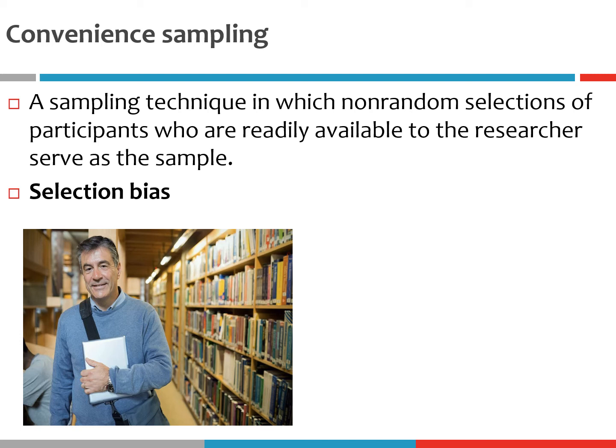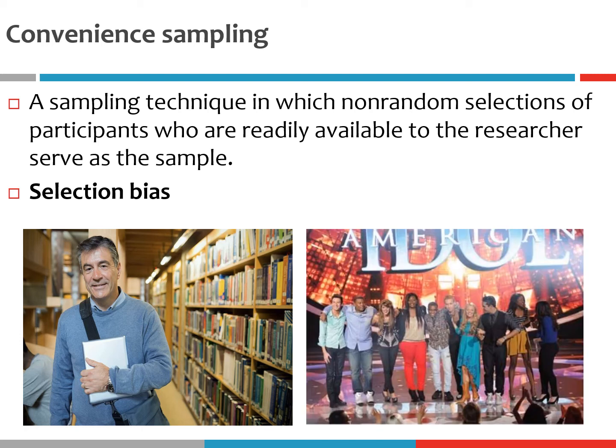A selection bias just means that certain people are more likely to be in your sample than other people. So like I said, you're more likely to have younger people rather than older people.